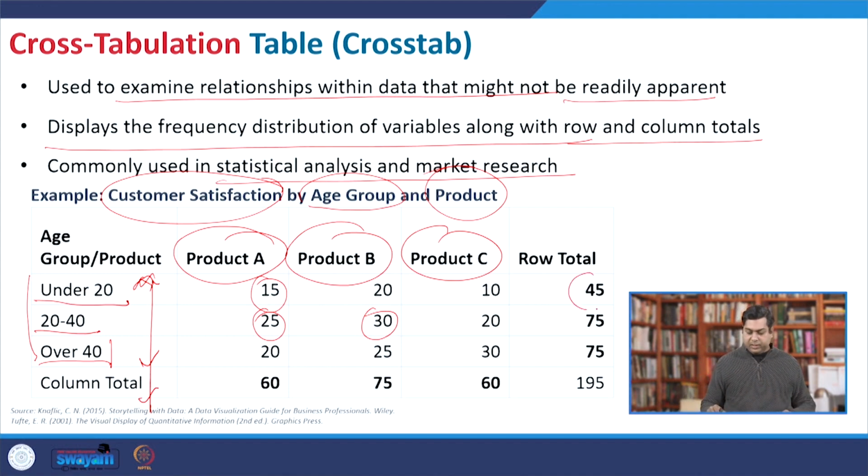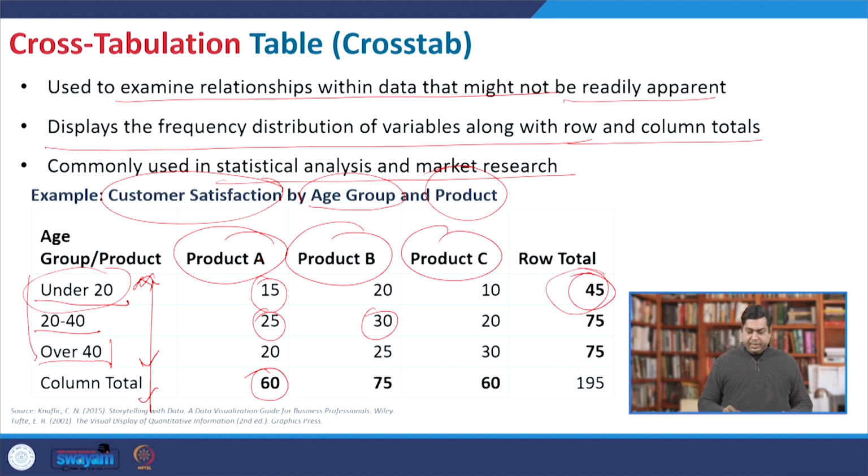Additionally, it is going to give you the row total and the column total. The column total gives you the overall satisfaction, the frequency of satisfied customers for product A, and the row total shows the total satisfied customers under an age group, for example under 20. So, this is very much required, right.